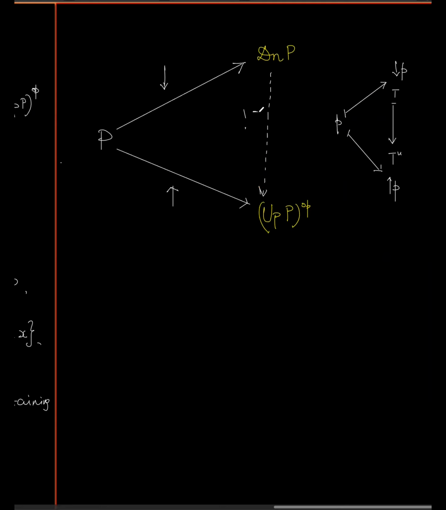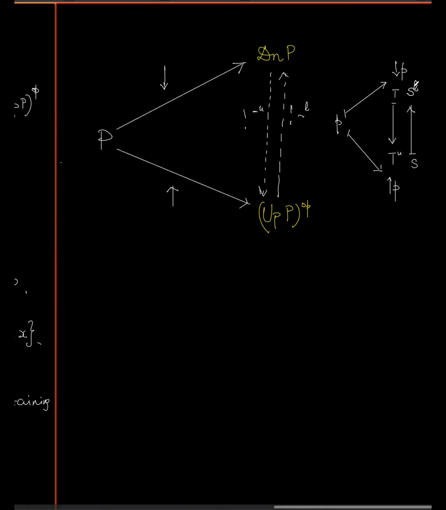So shall we write it like this? A blank and then U on the top. And by the same token, I have this unique map which takes a subset S over here to the set of lower bounds of S. Okay.